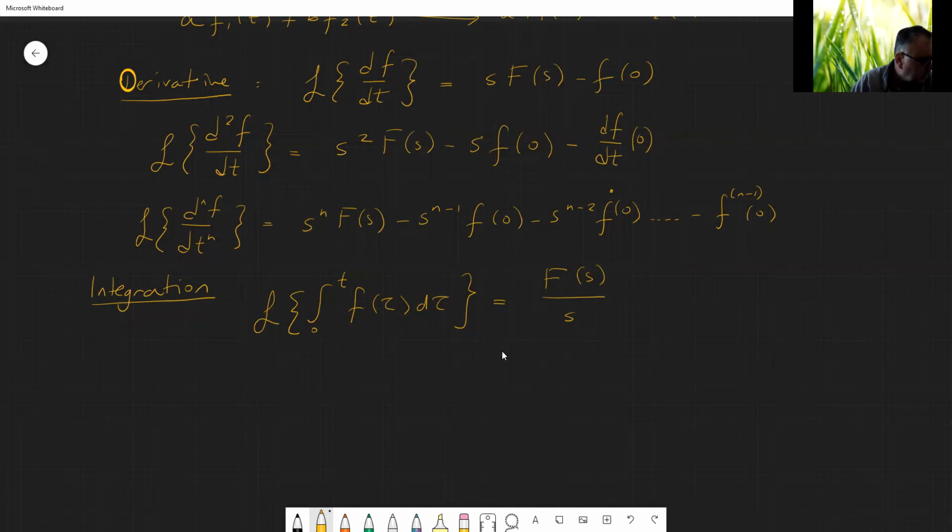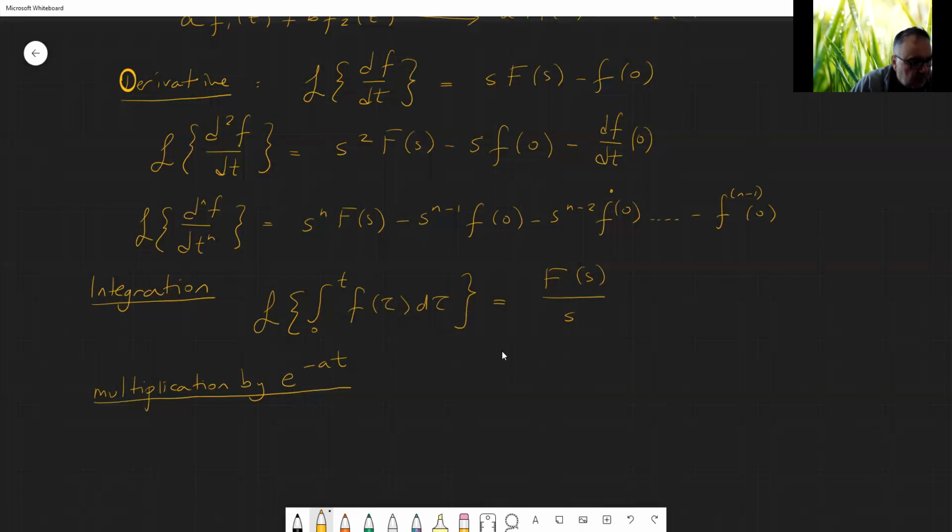And there is one more property which is kind of important, which is multiplication by e to the minus at.